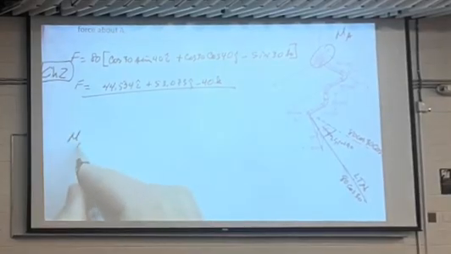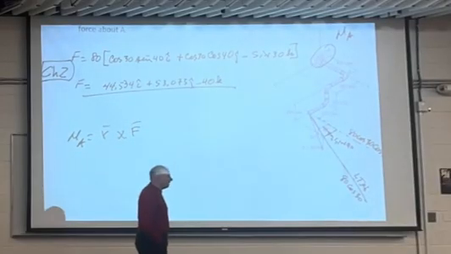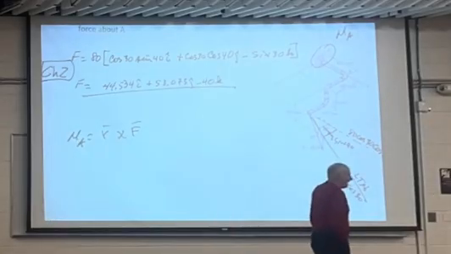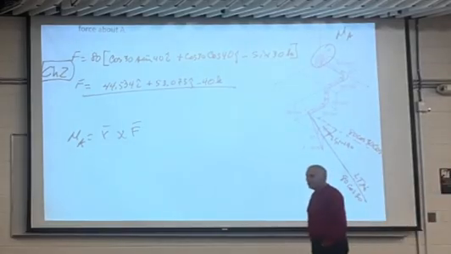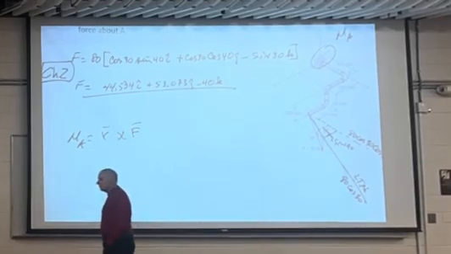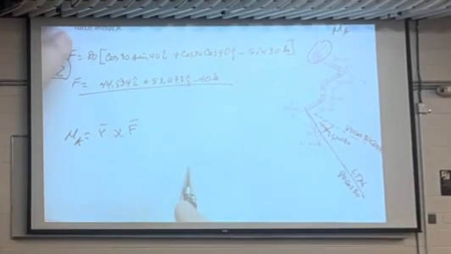Moment about A is equal to R cross F. It's interesting to me that everybody tells me, yeah, I'm studying, I got this, I know this, I'm ready. And then they come into my office and I ask a very simple question, and two people I asked got it wrong.